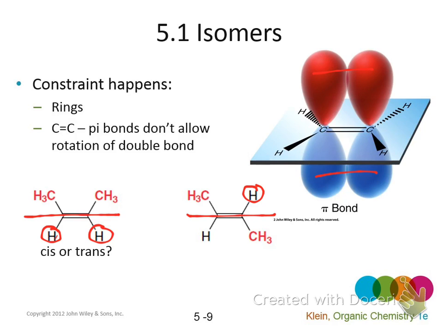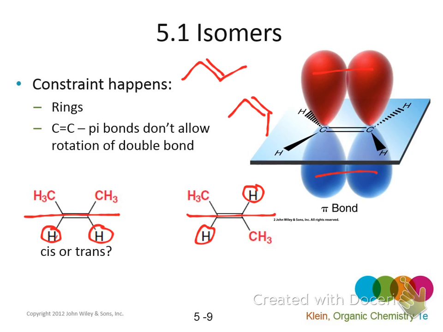This is trans, okay? So let me try something on you guys, see if this works. I did butane before. This is butene. Which one of those is cis and which one of those is trans? Or are they the same?